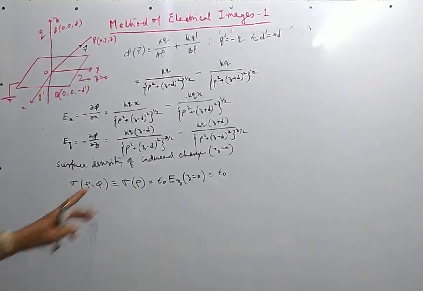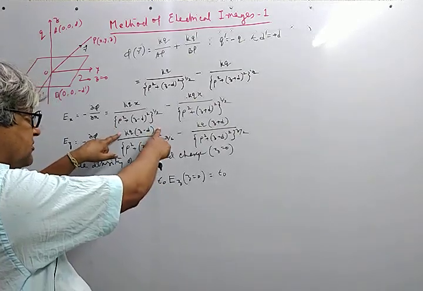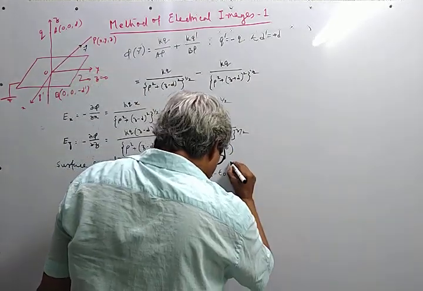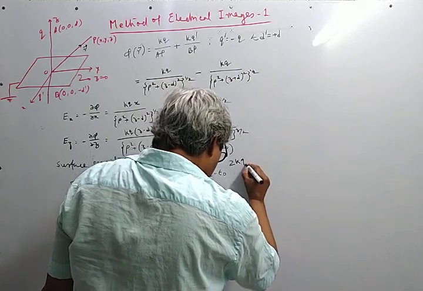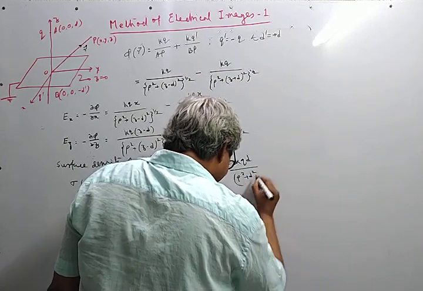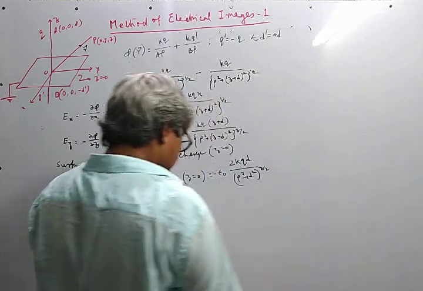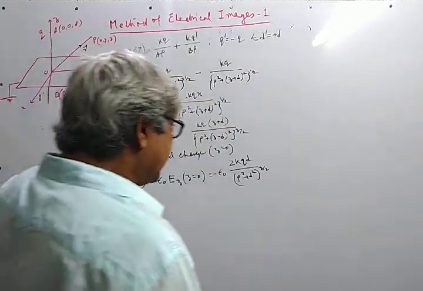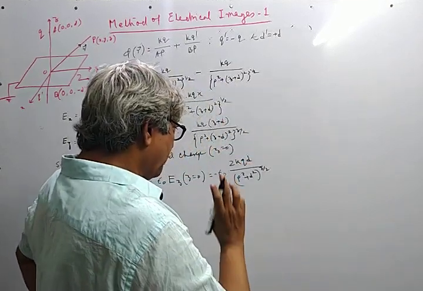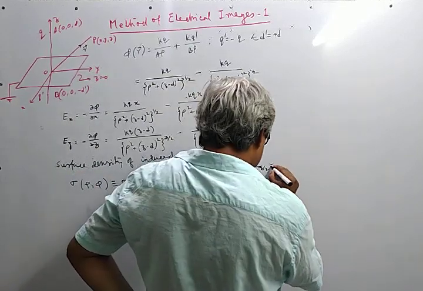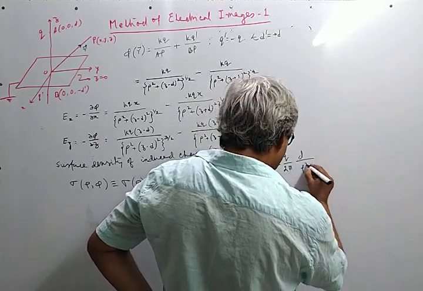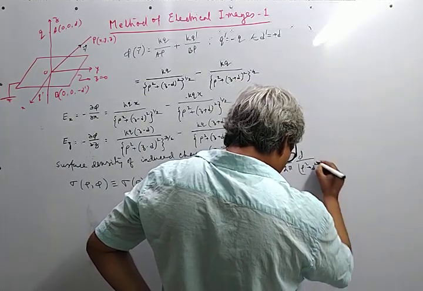Okay, at z equal to 0, the numerator is minus kqd, and this is also minus kqd. So this is minus twice kqd divided by (rho square plus d square) to the power 3/2. Remember that k is equal to 1 upon 4 pi epsilon 0. So we can write it as minus q upon 2 pi, d by (rho square plus d square) to the power 3/2.